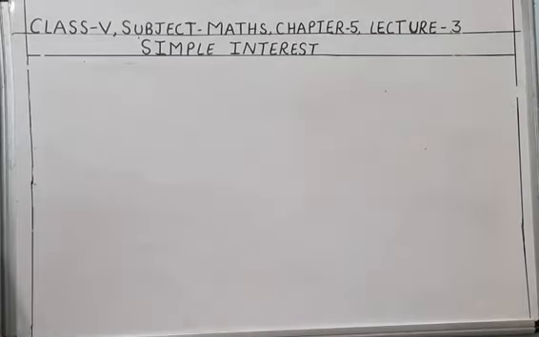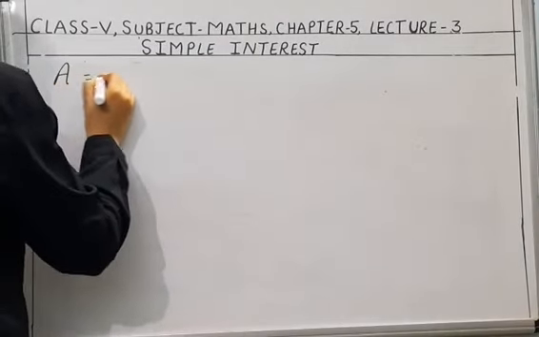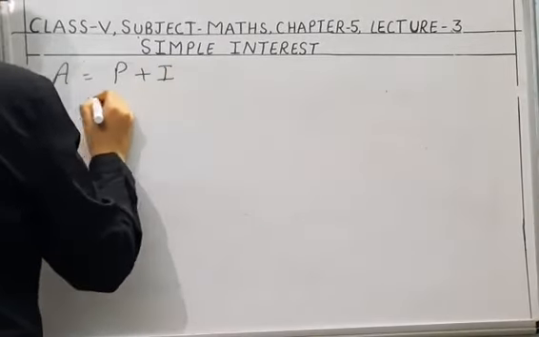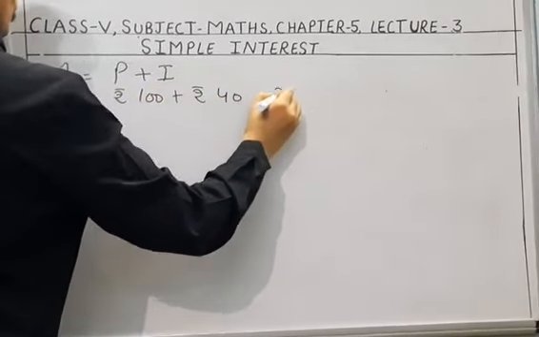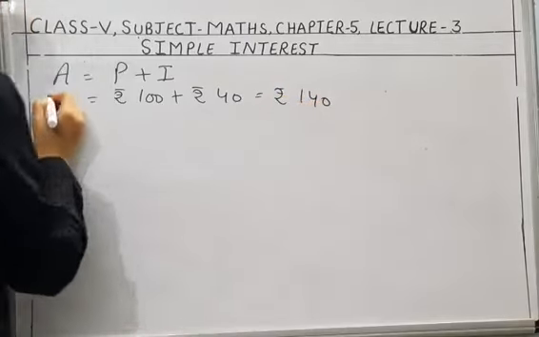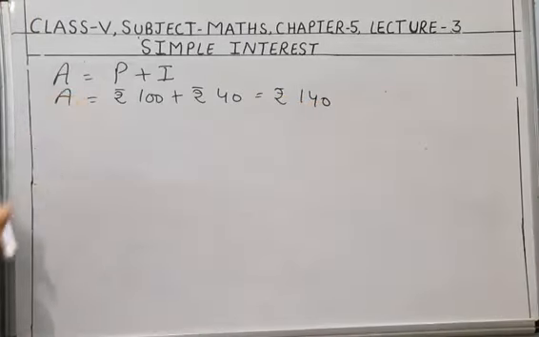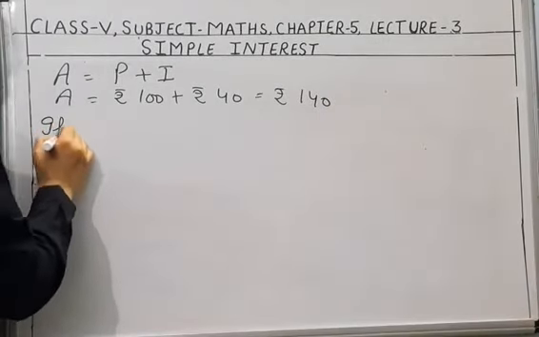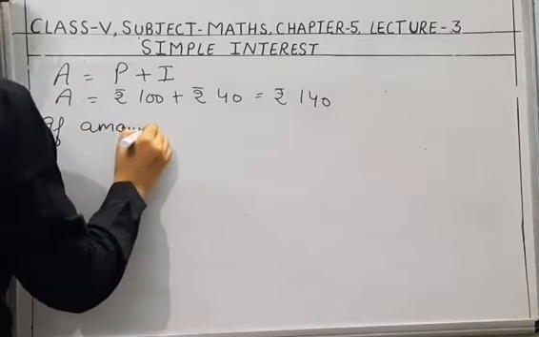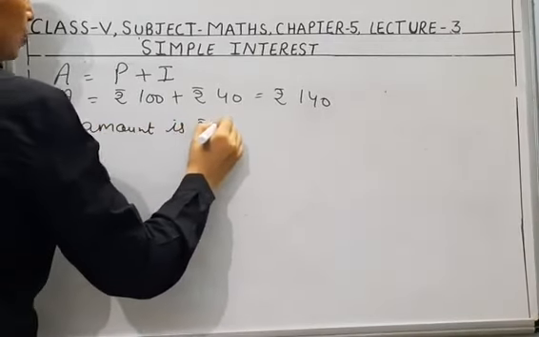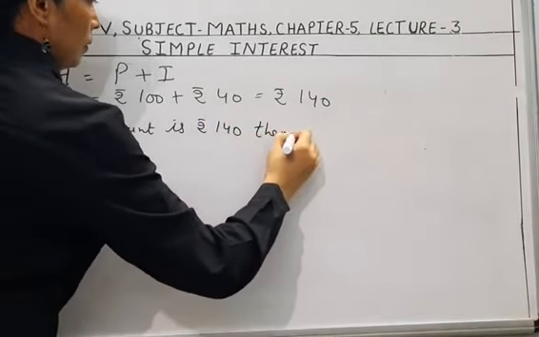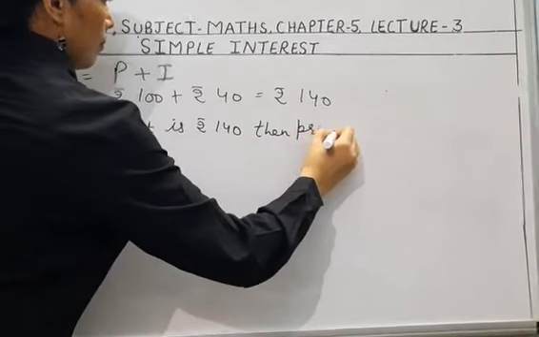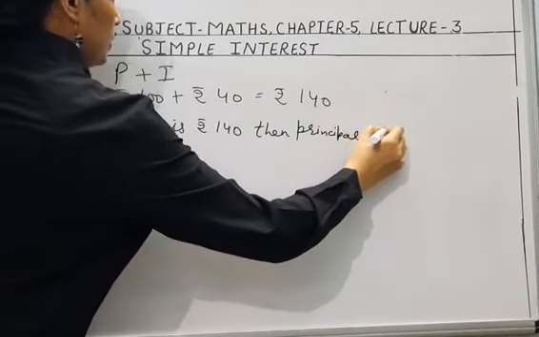Now interest we have calculated. Amount we can calculate as principal plus interest. Principal हमने क्या माना, 100. Interest rupees 40. So amount is rupees 140. ये amount हमें कब मिला? When our principal is 100 rupees. So we will write down, if amount is rupees 140, then principal is equal to rupees 100.